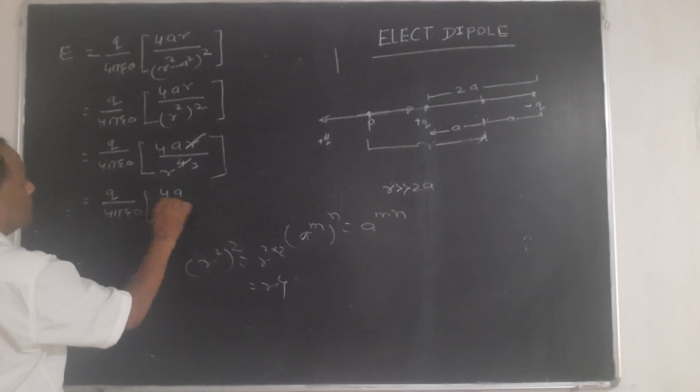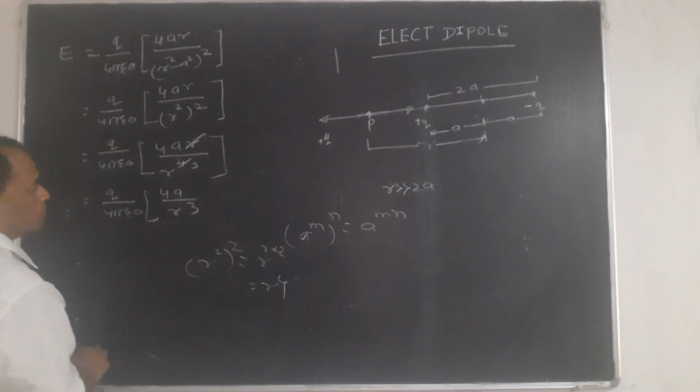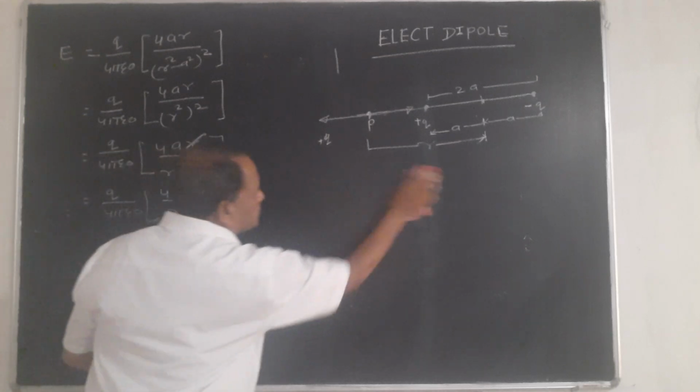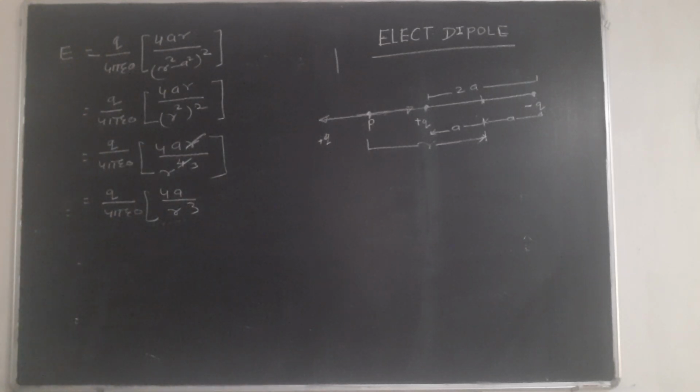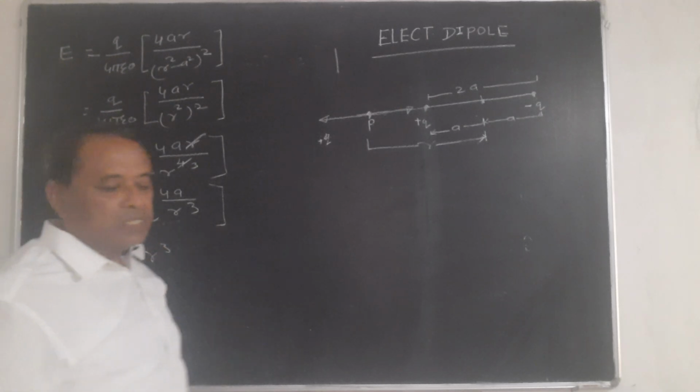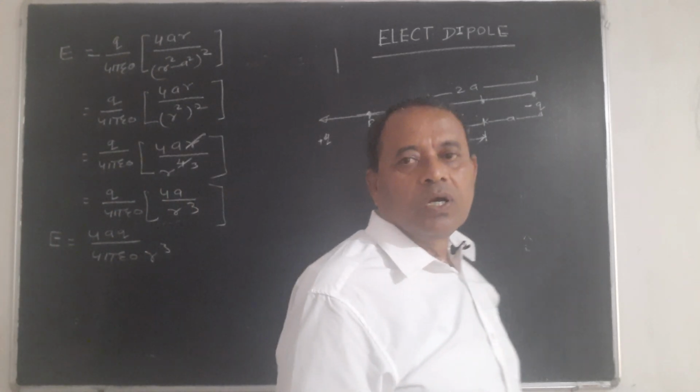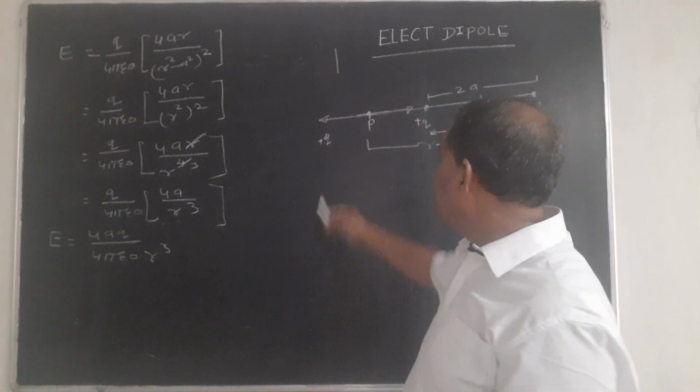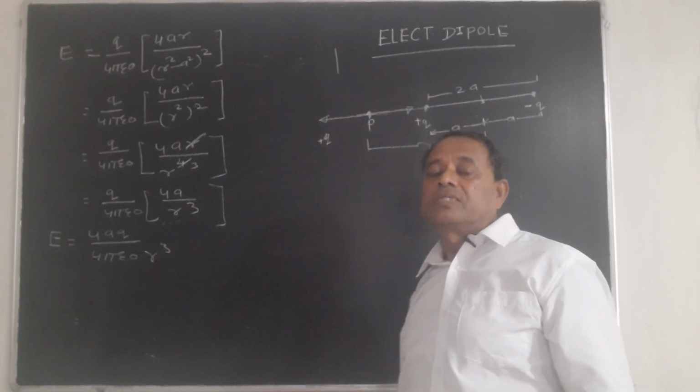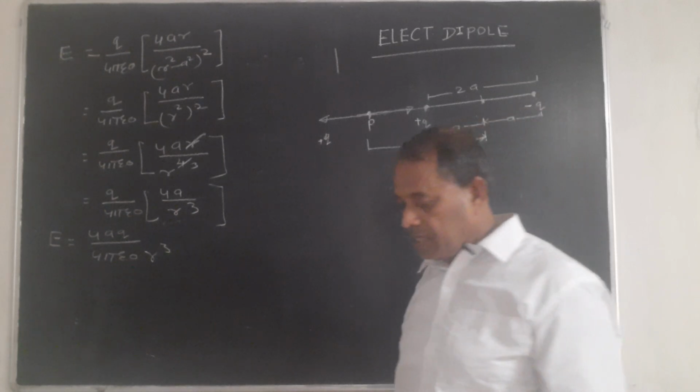So 4a upon r cube. So the net electric field is 4aQ upon 4 pi epsilon naught r cube. This is the net electric field on the dipole when point P is on the axial point.